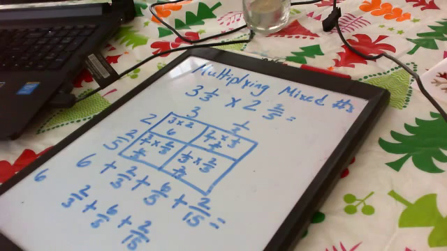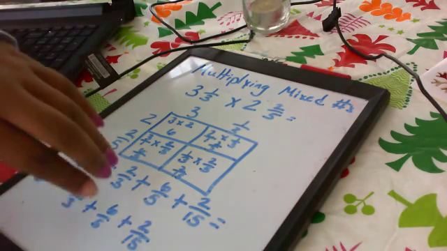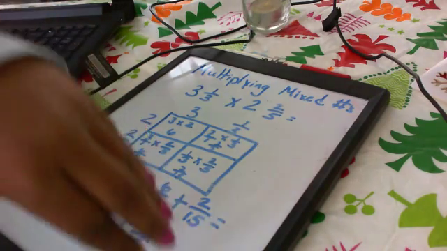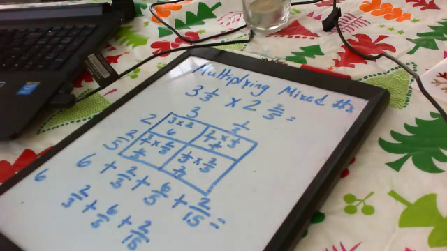Now you have some options here. You could add these two together and then add on this one, which is what I'm going to do for this problem. You could just look at the 3 numbers and find the common denominator one time instead of 2. It just really depends on your preference.